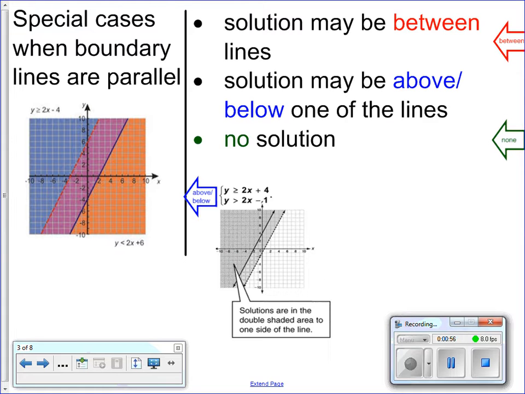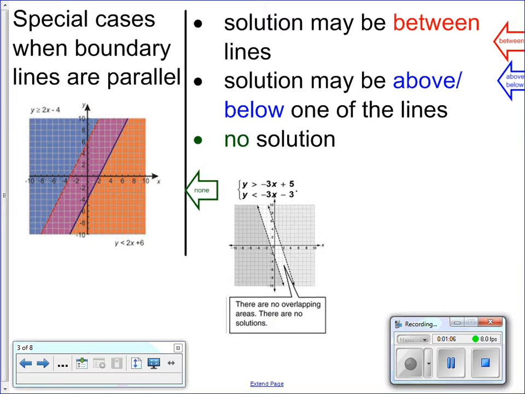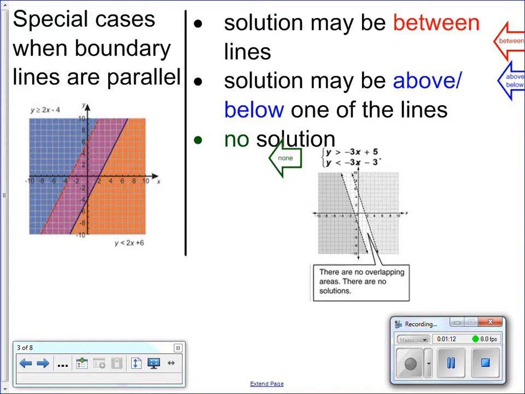It might be above both of them, but the shading doesn't start until the second line. Or each one would shade the opposite direction, and so there would be no overlapping areas.